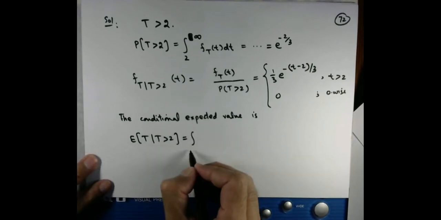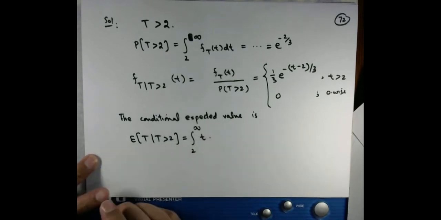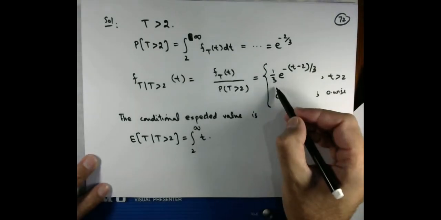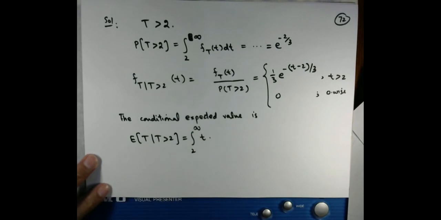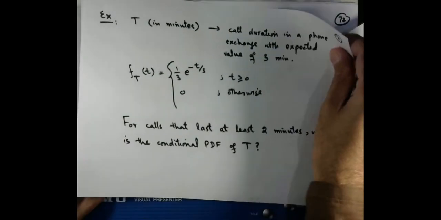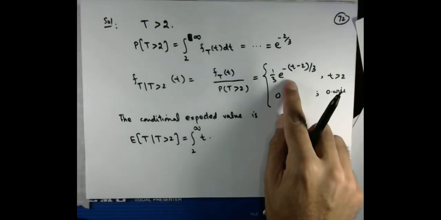It is the integration from 2 to infinity of t times the conditional PDF. Remember this PDF, the conditional one, not the unconditional one. The unconditional distribution was this, but our conditional distribution is now this.